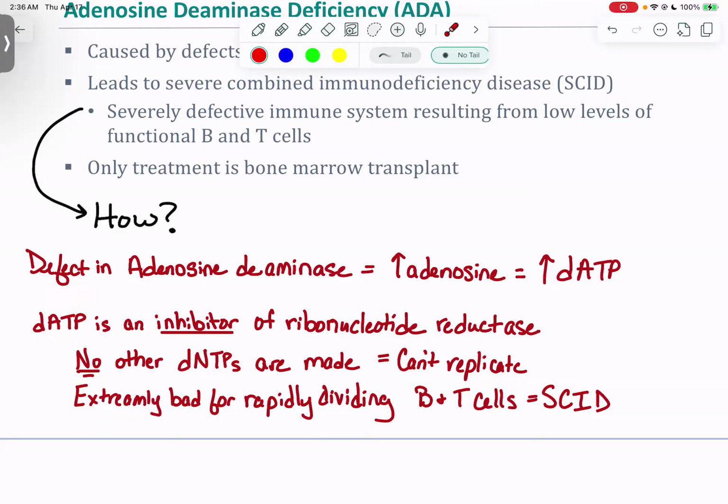You can give the patient IV antibiotics, immunoglobulins, to help treat, but it doesn't really do much. So the only real treatment is currently bone marrow transplants, and they typically like to do it from siblings to avoid rejection because they're genetically so similar.